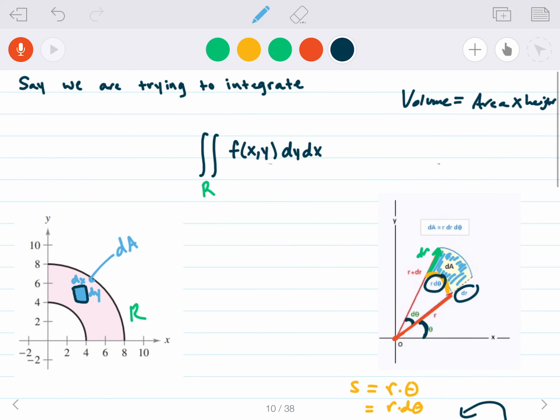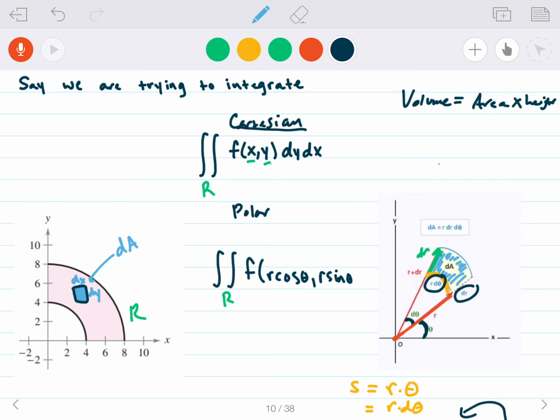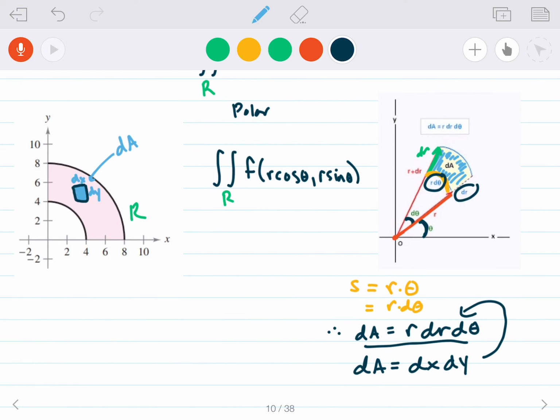Okay? So instead of writing this in Cartesian or rectangular, we can write the same thing by saying, instead of x and y, I'm going to write f of r cosine theta, r sine theta, and instead of writing dy dx, I'm going to write what I just derived: r dr d theta.